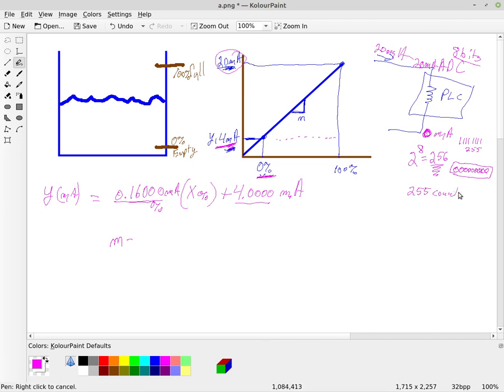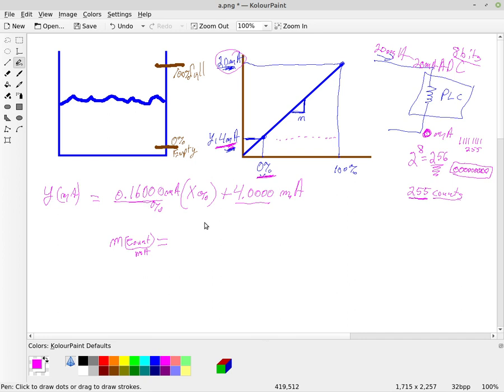Okay, technically this is not bits. We have 8 bits to store the number in, but 255 is the maximum number that we can have. So what we're really looking at is the unit there would be counts, and then it's going to be counts per milliampere.